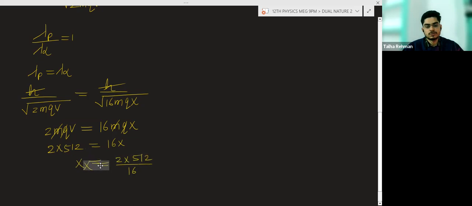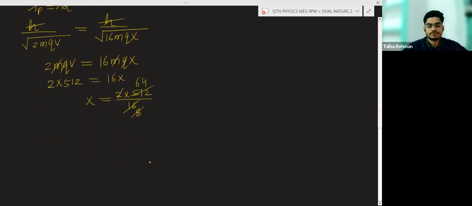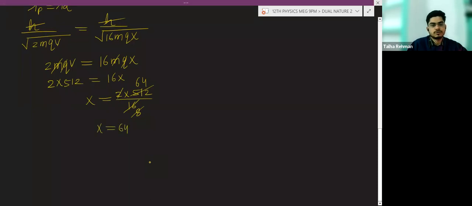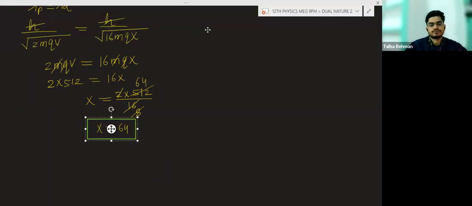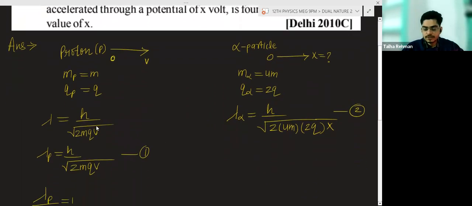Cancel this with 8. It will be 64. So the value of x you will get is 64. This is your answer. In this way, you have to solve the question, you have to apply the formulas.